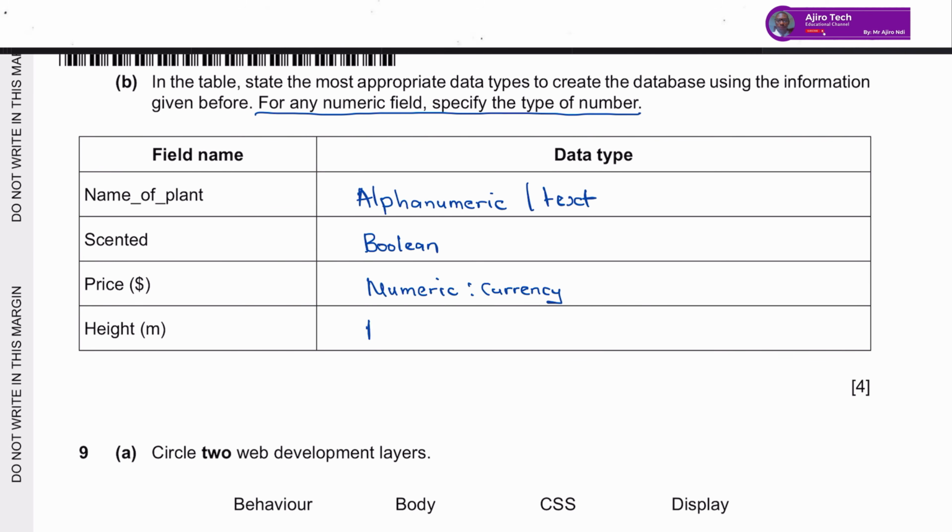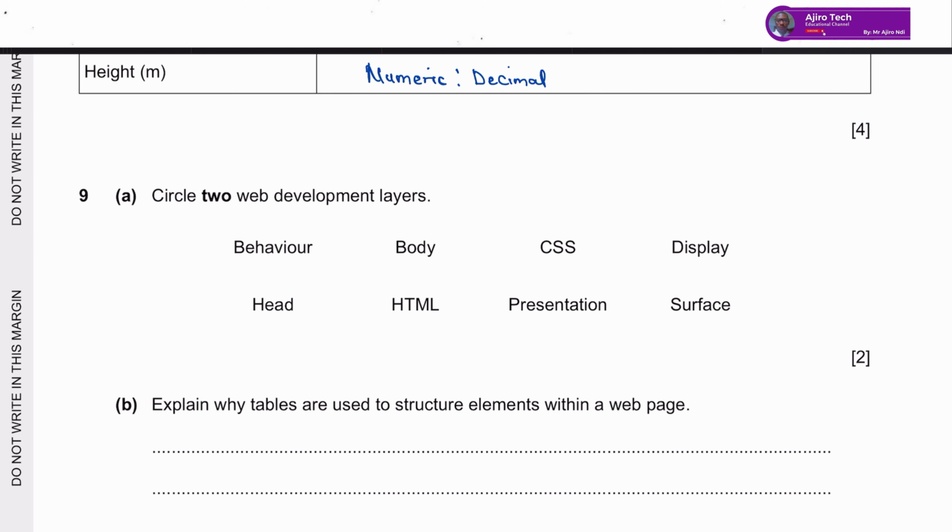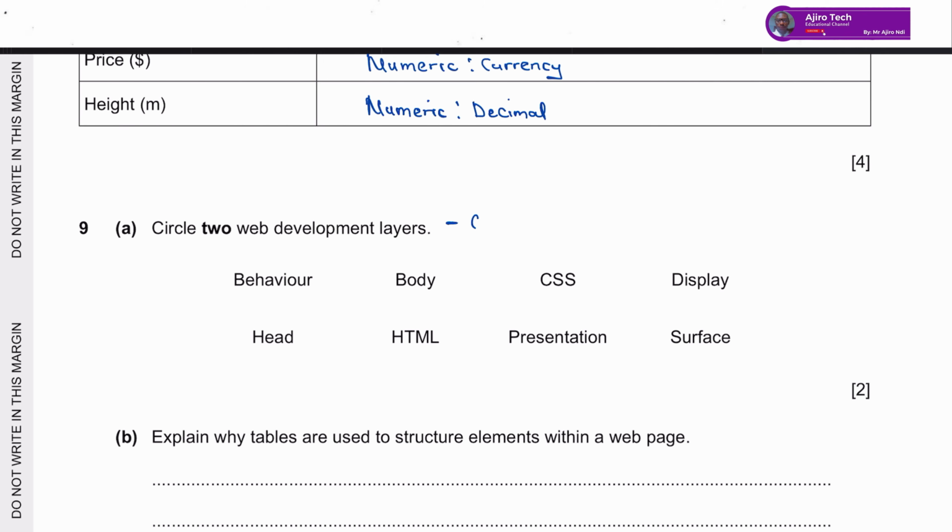Okay, so numeric, decimal. Okay. Circle 2 web development layer. So we have this as chapter 21.